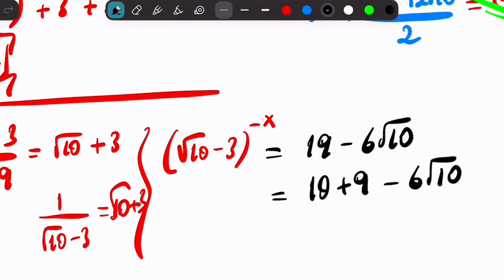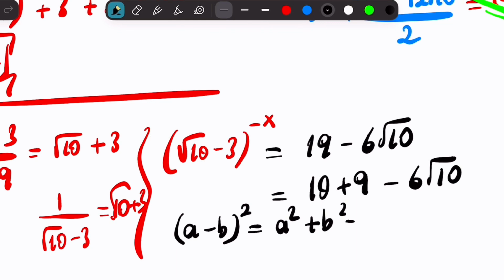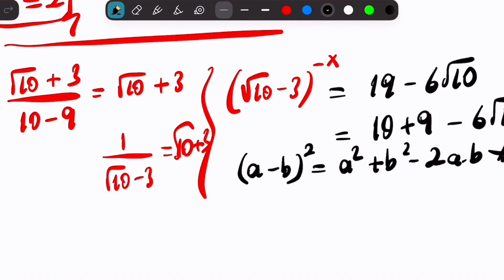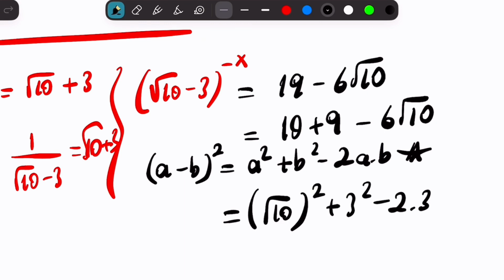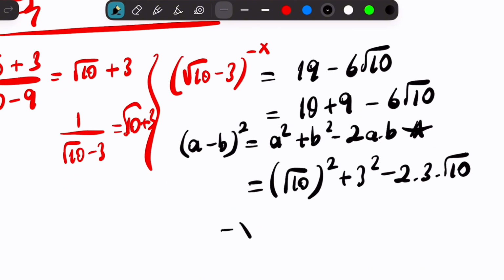Look again, if we try to square a minus b, a squared plus b squared minus 2 times a times b. Because of this feature, I can tell you what this expression actually equals: the square root of 10, in parentheses squared, plus 3 squared minus 2 times 3 times the square root of 10. In this case, we call it minus x equals 2. We can say what x is: we can say it's minus 2.